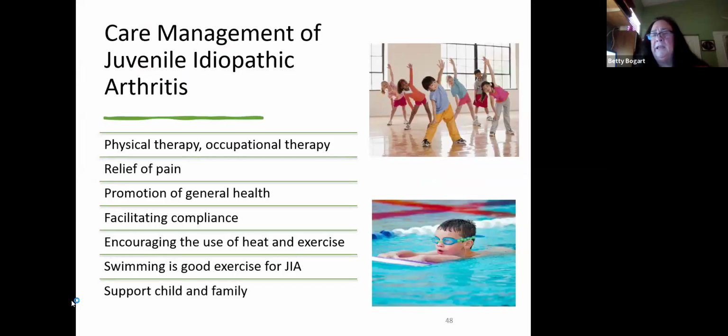So, what do we need to do for these children? What teaching? Well, of course, we want these kids to be normal. Treat them as normal as they can be, right? I will always tell you swimming is an amazing sport for rheumatoid arthritis because you are weightless and you're moving your arms and legs, and especially if you like water, great thing to exercise in.